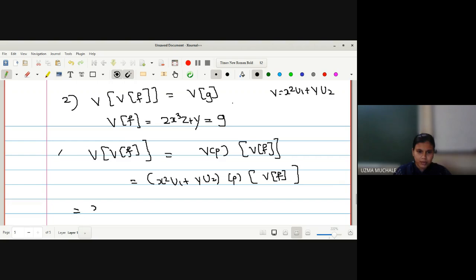So let me write down this x square at a point p as it is, u1 at a point p, and directional derivative of function g. So y at a point p, then u2 at a point p, and directional derivative of again a function g, okay?